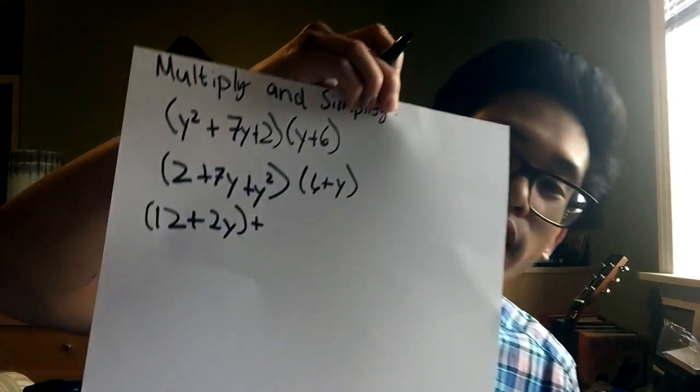Watch this. Ready? So, you're going to do 2 times 6, multiply across, so that's 12, plus 2 times y, which is 2y. Close the parenthesis, and put an addition sign. Boom. So that's the next part.